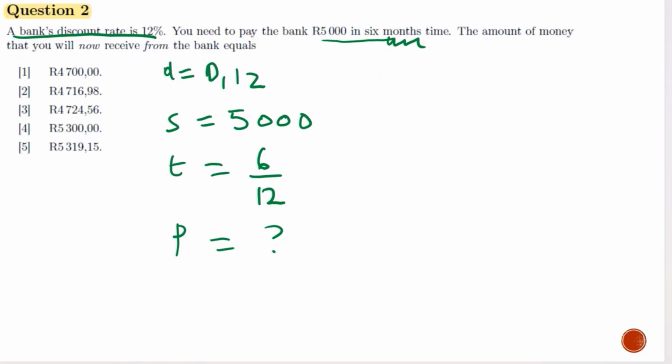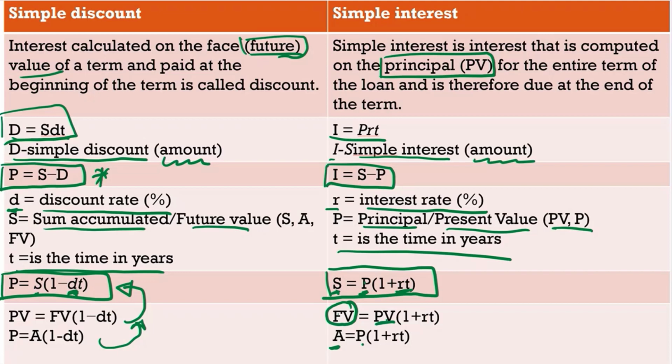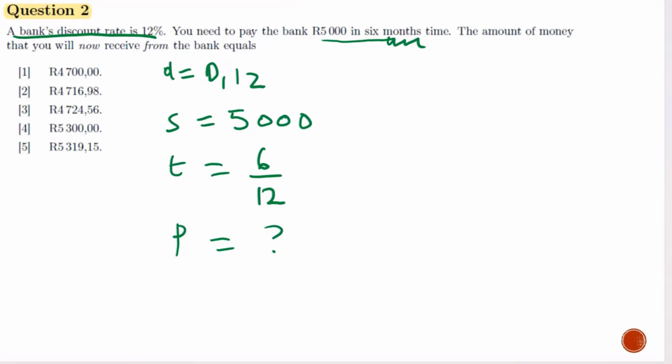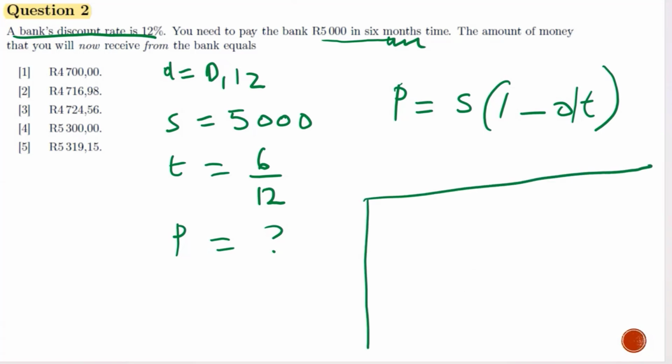The simple discount formula is P is equal to S into 1 minus DT. It is different from this one, right? Okay, this is the correct formula. What is a common misconception that I want to highlight to you that we find on questions like this? Questions like this, you find that people would go and write the formula like this.